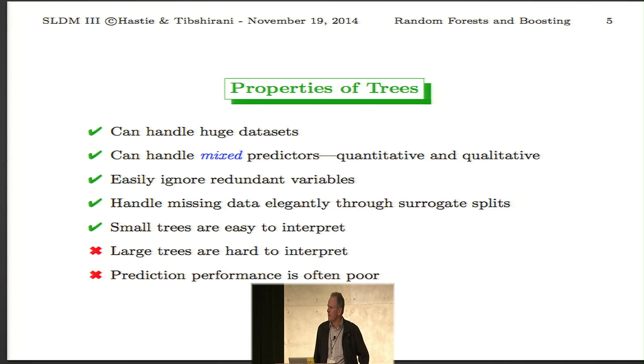So here are some of the properties of trees. Trees are very good at handling very big data sets, and they can handle mixed predictors. That means you've got continuous variables and categorical variables. Trees handle them equally well. It can ignore redundant variables.